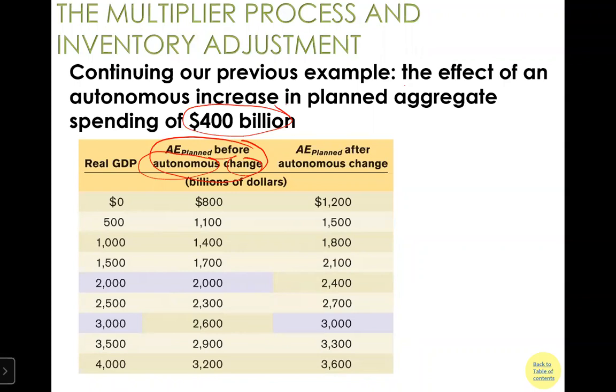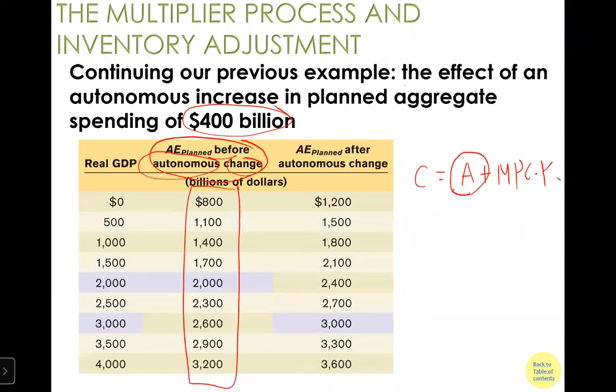Essentially, C equals A plus MPC times Y, and A is the autonomous spending. If we look at the second column, you can see the autonomous spending is 800.